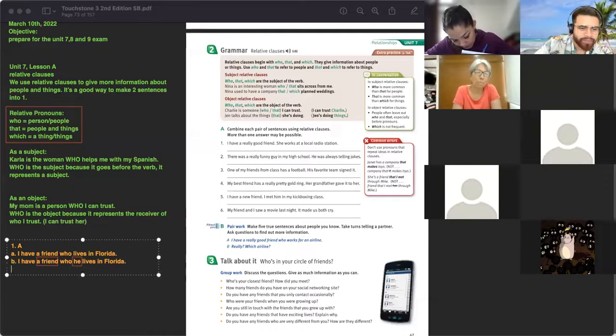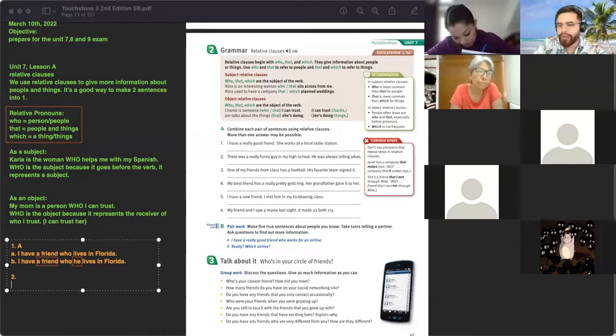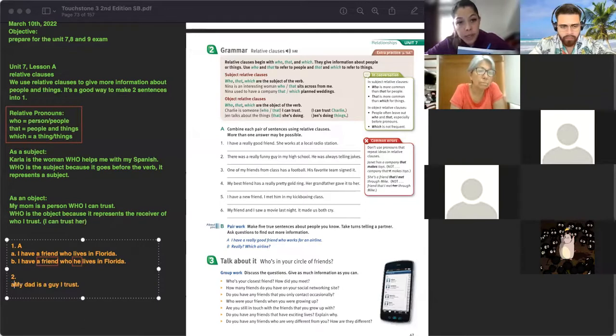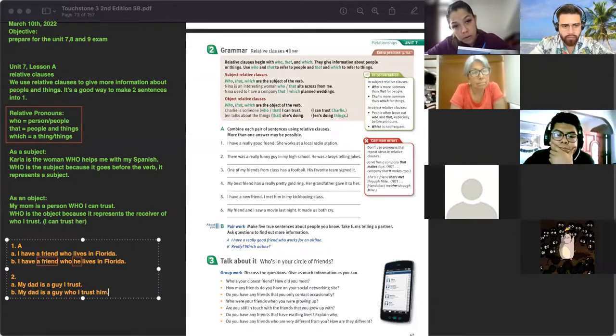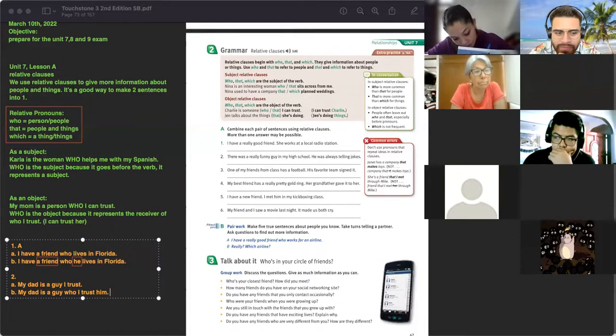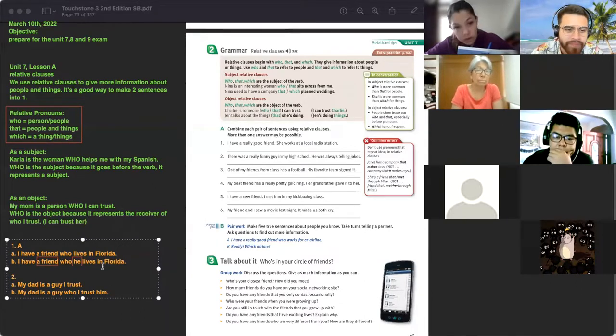Number 2. This one is for Melissa. Melissa, A or B? Letter A, teacher? Letter A? Yes.